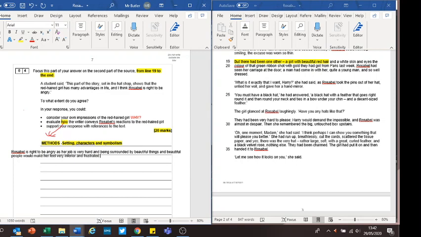So the setting. The setting is particularly effective as the shop is full of beautiful things and even materials from Paris.